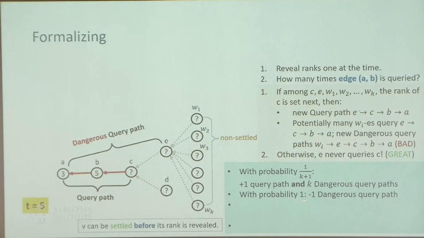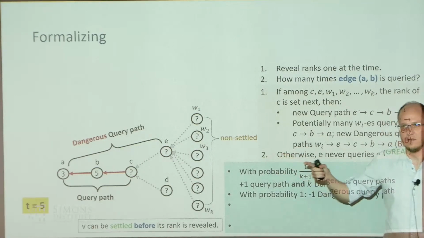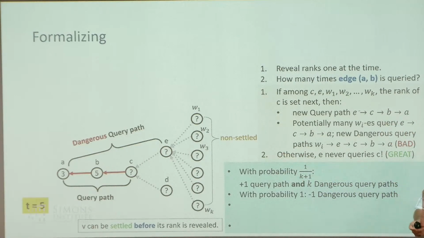Now, with probability 1, always, we lose one dangerous query path. No matter what happens, who gets chosen, this A, B, C, E will not be a dangerous path anymore, because E will be settled. Right? So this is what we have.